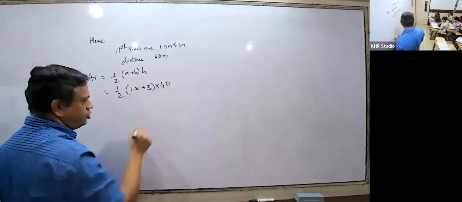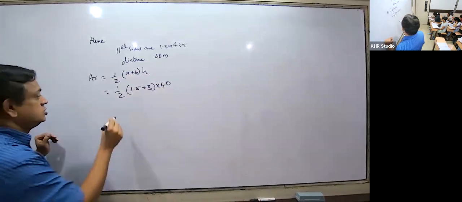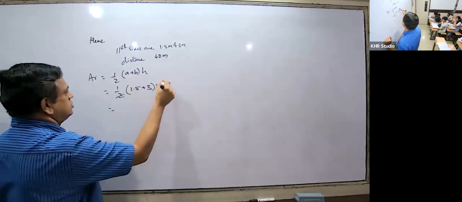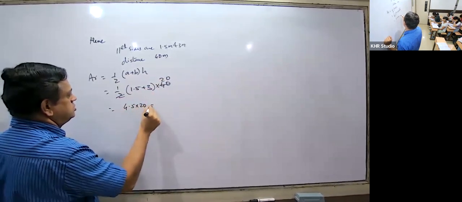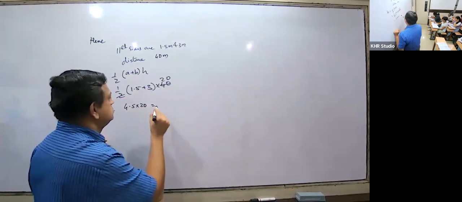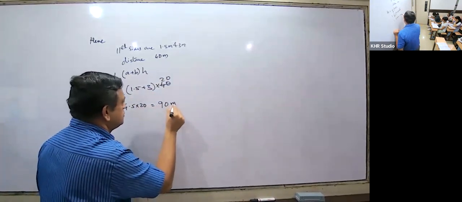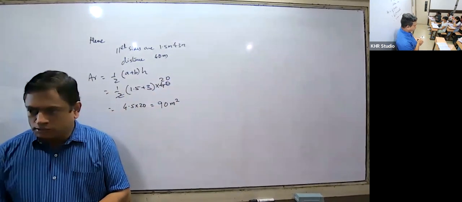Hope all of you are following. Area of the trapezium: half of 40 is 20. 4.5 into 20, how much? 90 meter square. This is the area of the cross section.